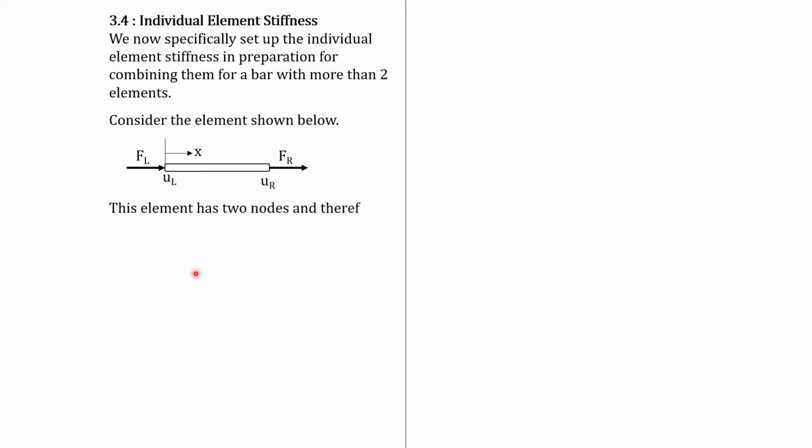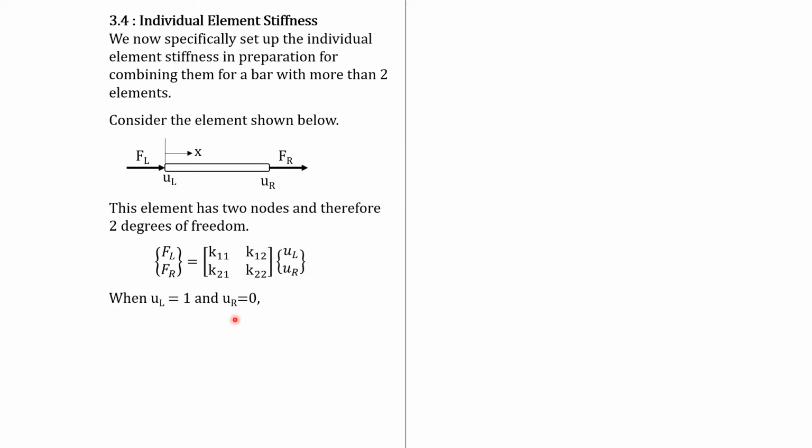This element has 2 nodes and therefore 2 degrees of freedom, one on each end. Degrees of freedom are represented by the ability to be displaced. So we have UL and UR as the degrees of freedom. So FL, FR equals K11, K12, K21, K22 times UL, UR.